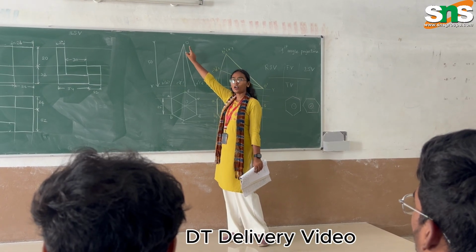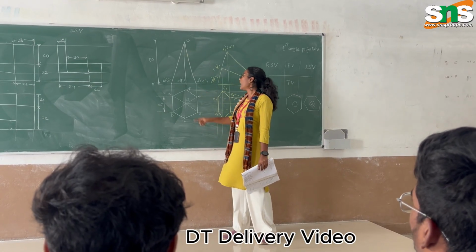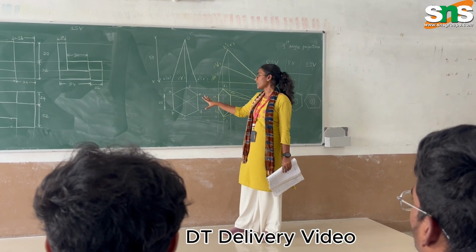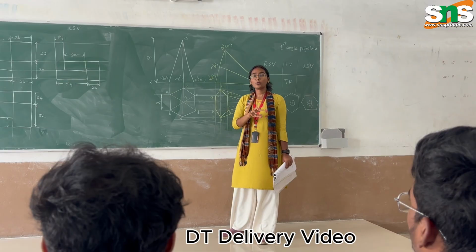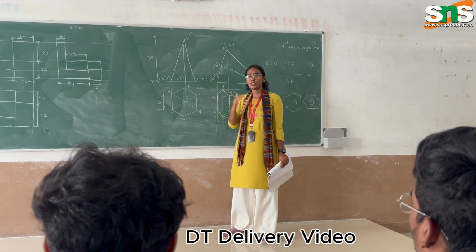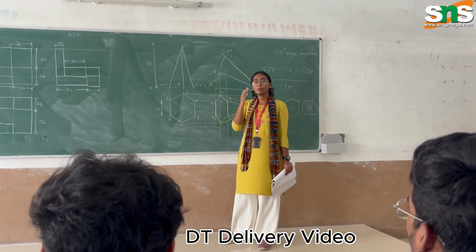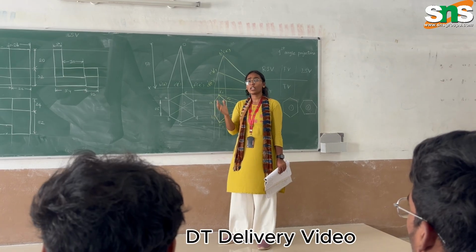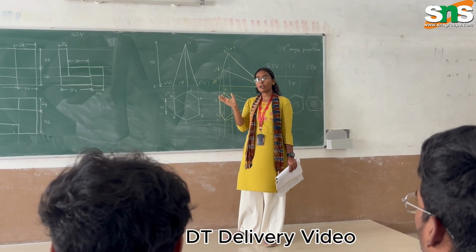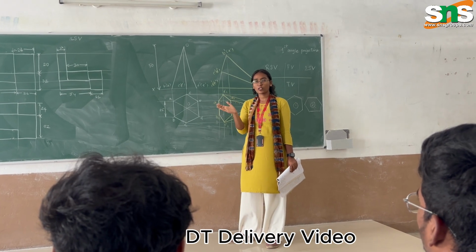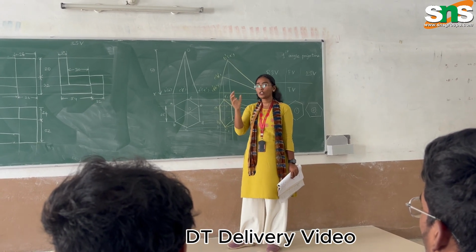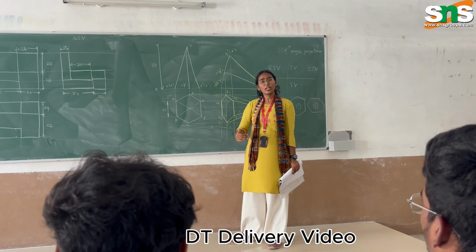Coming to the naming of this hexagon, when it is a prism, we give two names: one is A, B, C, D, E, and F, and the other is 1, 2, 3, 4, 5, and 6. A prism is basically a shape with two faces parallel to each other, connected through lines.